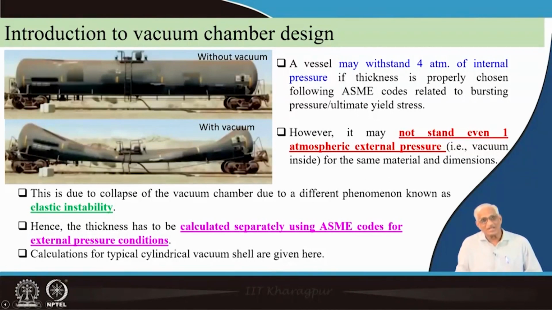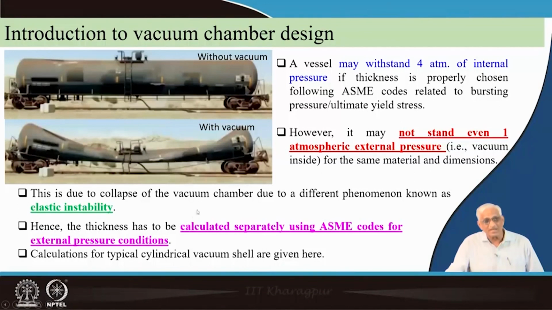Roughly, the same vessel, under similar thickness and similar length and diameter ratios, may not withstand even 1 atmosphere of external pressure. That means under vacuum, with 1 atmosphere outside, the inside can be considered as 0 with respect to mechanical force considerations. Even then it may collapse, and that's what you are seeing in this figure.